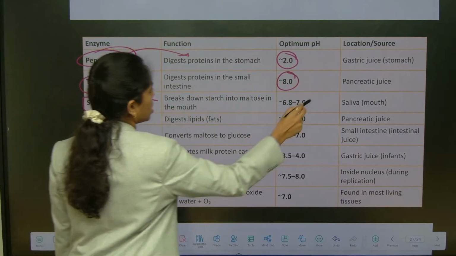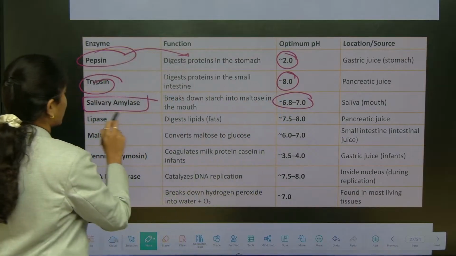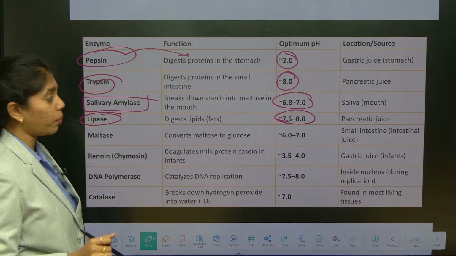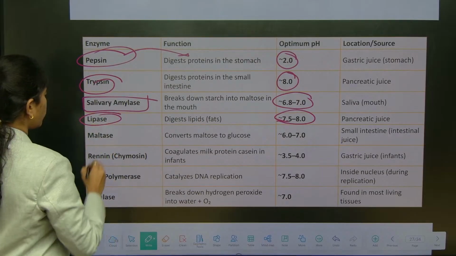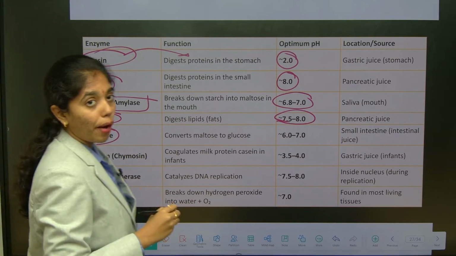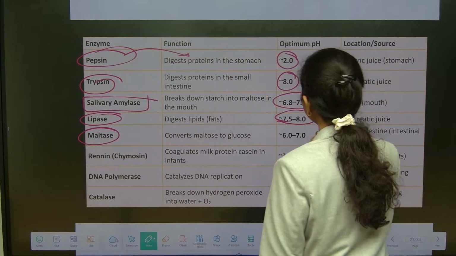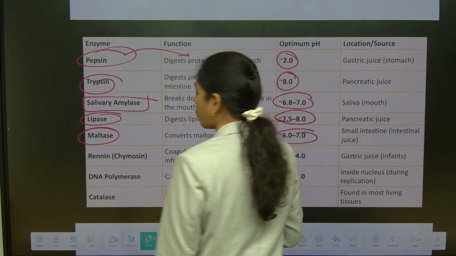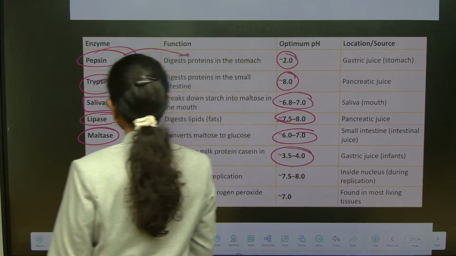Salivary amylase 6.8 to 7, which is present in saliva. Lipase, whose optimum pH is 7.5 to 8. Maltase, optimum pH is 6 to 7. Rennin or chymotrypsin, whose optimum pH is 3.5 to 4.